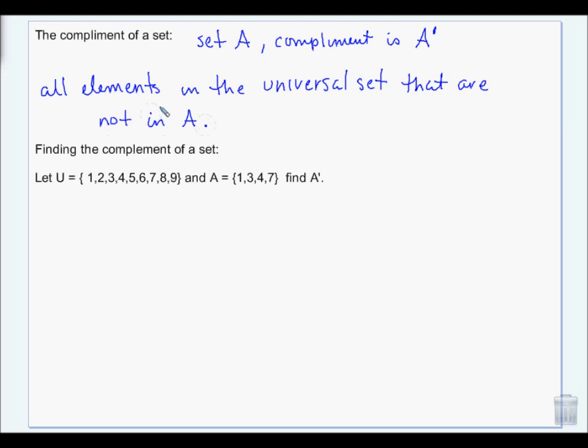So if you're looking for A prime, that's what you call it, A prime. You take everything that's in the whole box and eliminate the elements that are in A. So it's everything that's not in A. If we were to go back to our original drawing on the last page, it would be E, F, and G, because you just ignore the ones inside the circle for A.